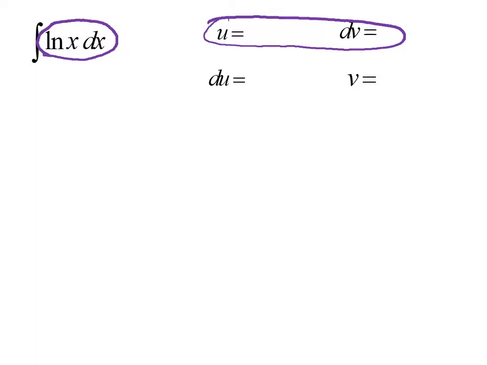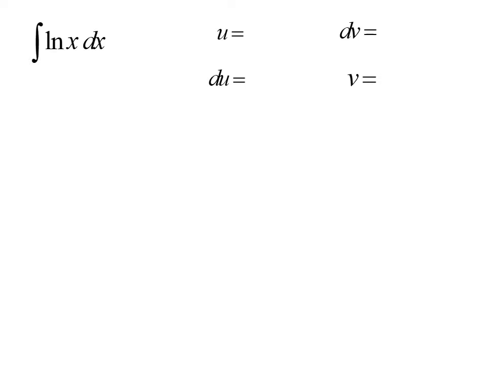Now this should be easy to comprehend. The dx part of this should go over here, which for this particular problem only leaves one choice for what goes here. So that's what we will do. We will use the ln of x for the u and the dx for the dv.